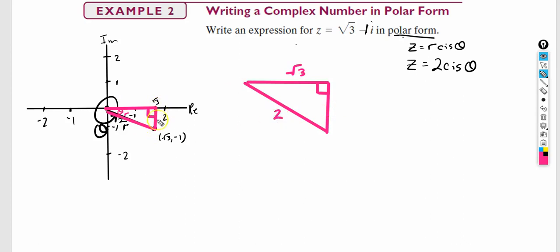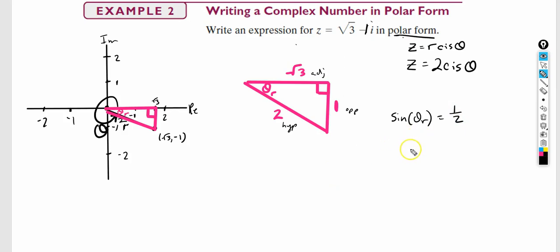And then this leg here has length 1. And this is my reference angle. Okay, so if I label these as a right triangle, then we have opposite, hypotenuse, and adjacent. I can take the sine of my reference angle, and it's going to be opposite over hypotenuse.